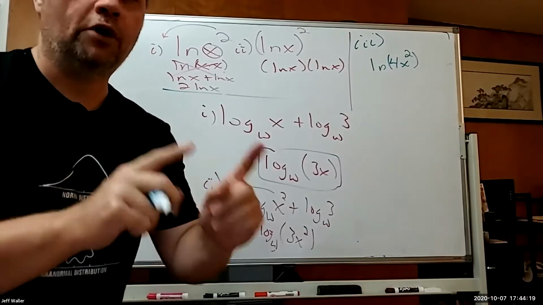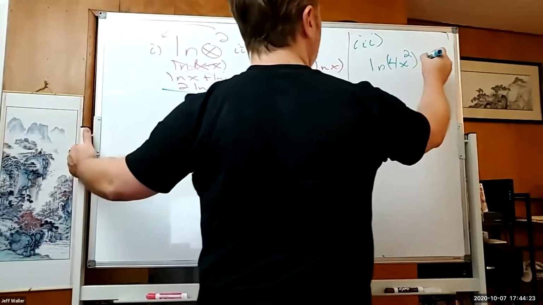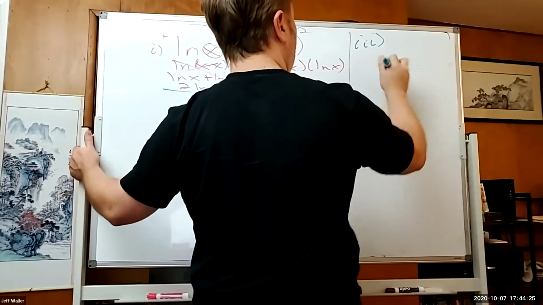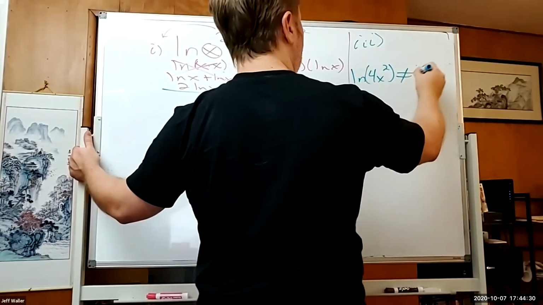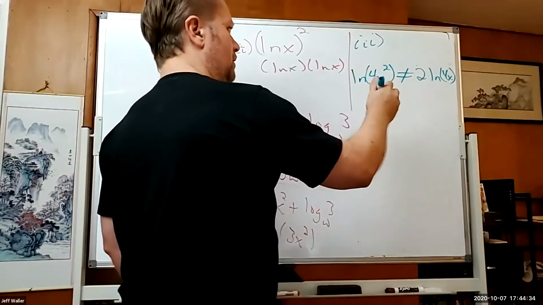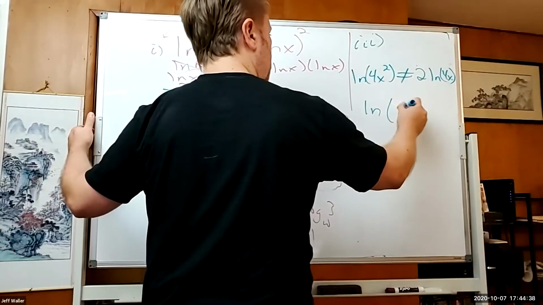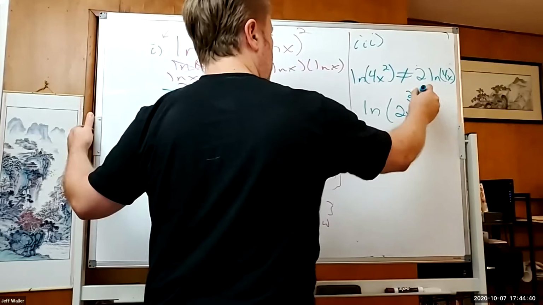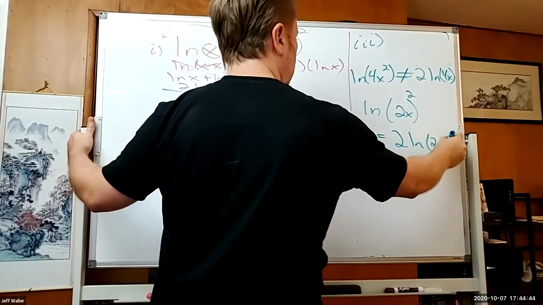So if you rewrote it, you could do it. That's what you're saying. So natural log of 4x squared, like this, does not equal 2 ln of 4x. No. But I could rewrite natural log of 4x squared as natural log of 2x, the whole thing squared. And that is 2 ln of 2x.